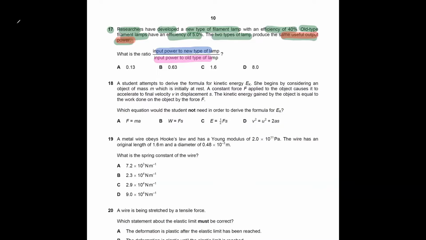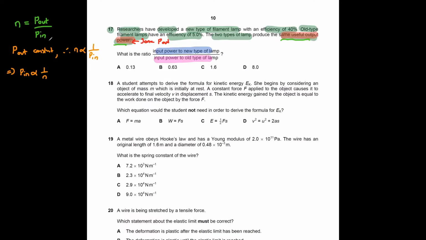Now, if you recall the definition of efficiency, efficiency is the ratio of P out to P in. Here they mention same useful output power. That means same P out. So you refer back to this equation here, I can say that P out is constant. Therefore, efficiency is inversely proportional to P in, or in other words, P in is inversely proportional to the efficiency.